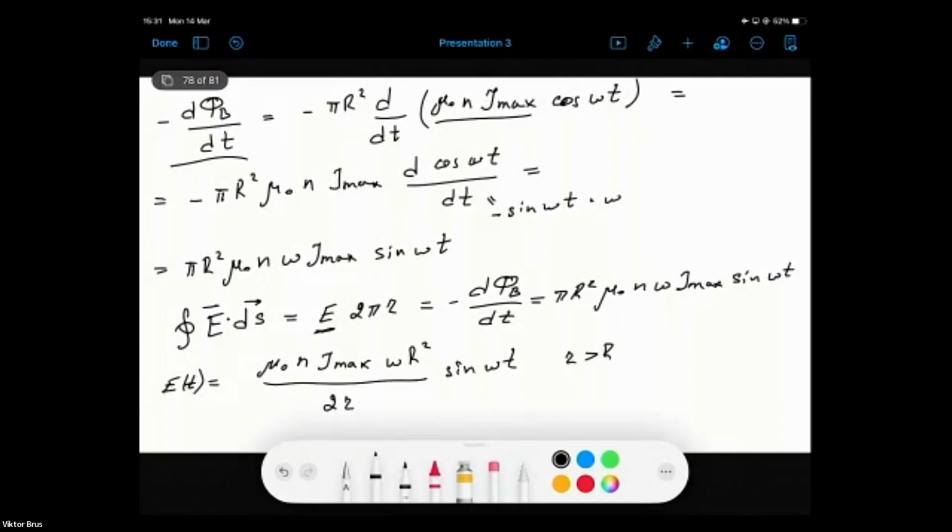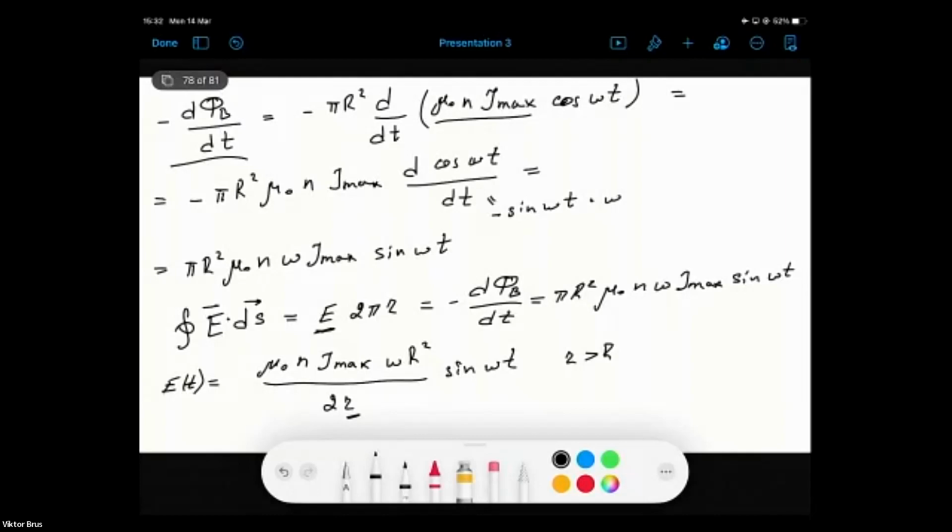What is important is that if we pay attention to its dependence on distance, small r stands in the denominator.